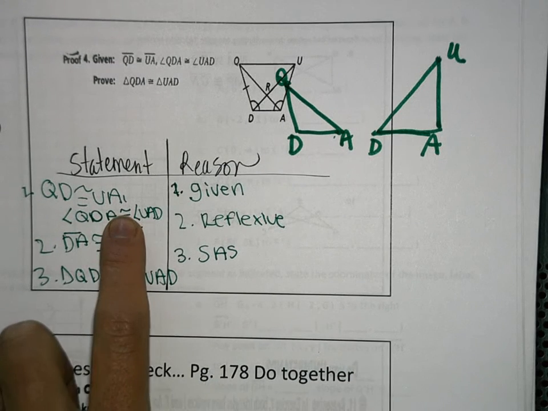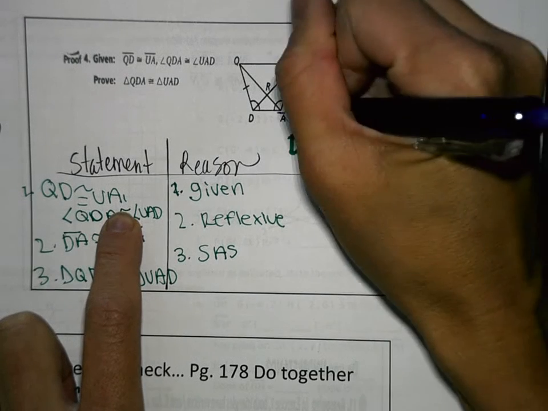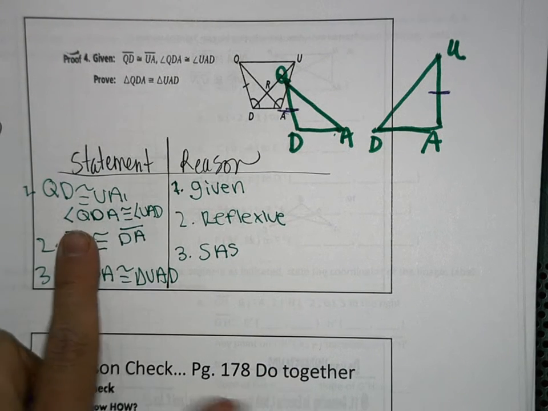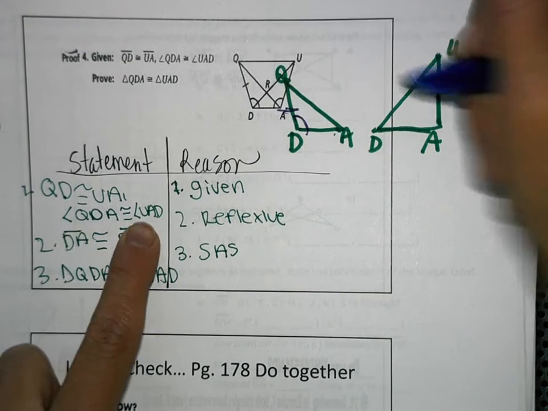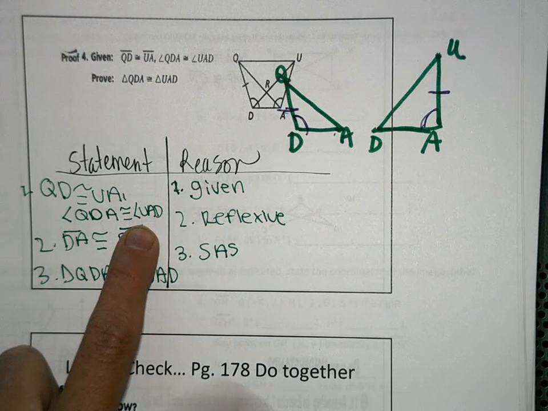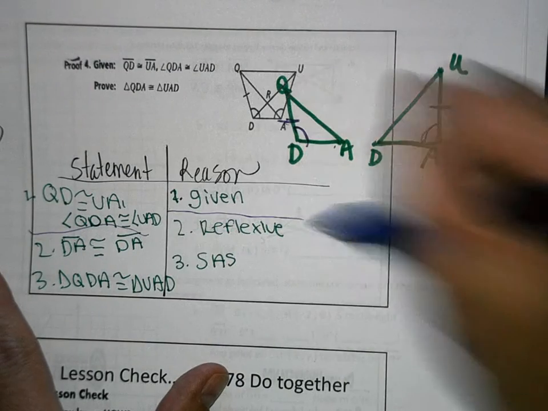Here is QD, it is congruent to UA. So we have a single hash mark there. Then it says angle QDA, which is right here, is congruent to angle UAD, right here. So all of this was with number one, the given.